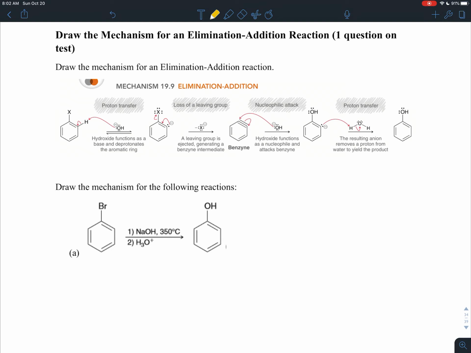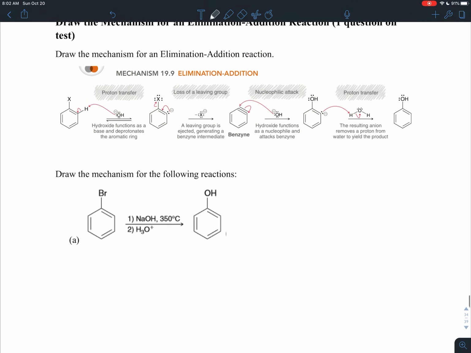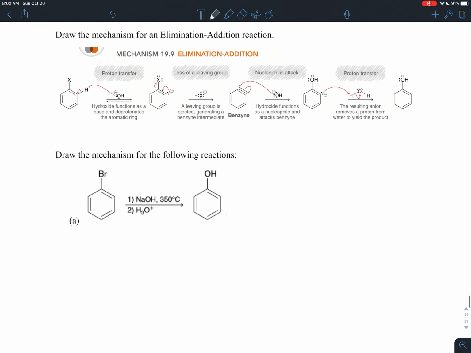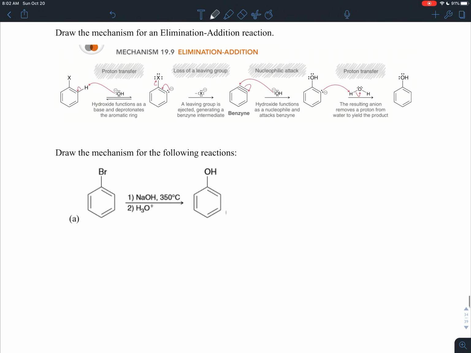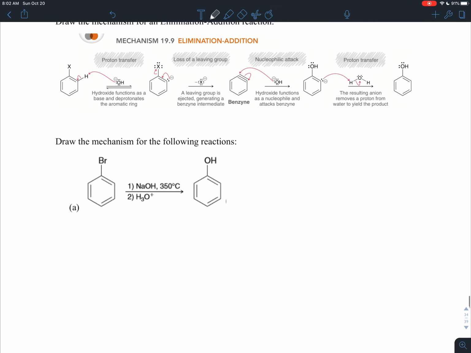And so the hypothesis was that the OH can attack either of these carbons, and so the intermediate must equalize those two carbons. The hypothesis for doing that was that it forms what's called a benzyne intermediate, a benzene ring where one of the bonds is almost a triple bond.